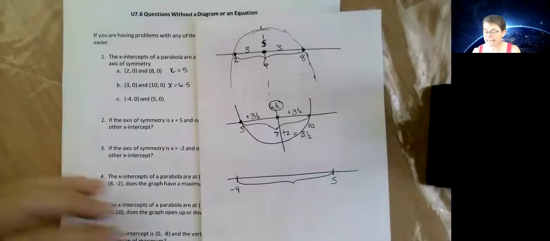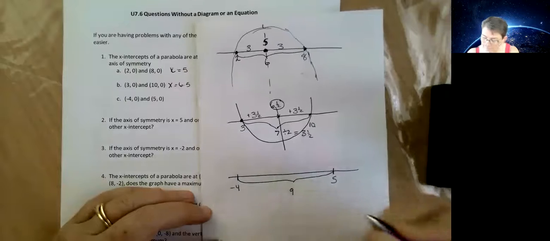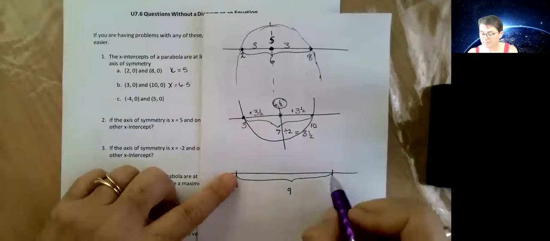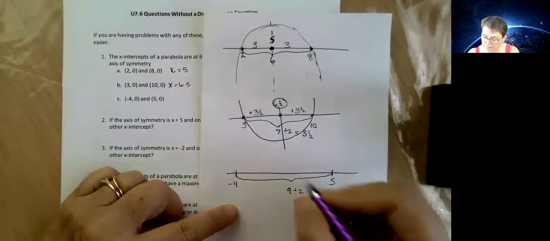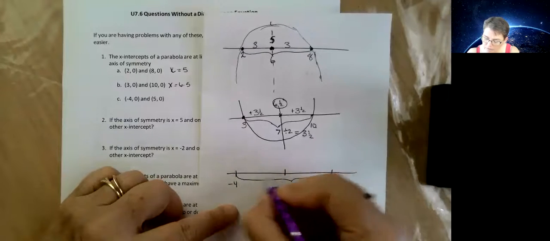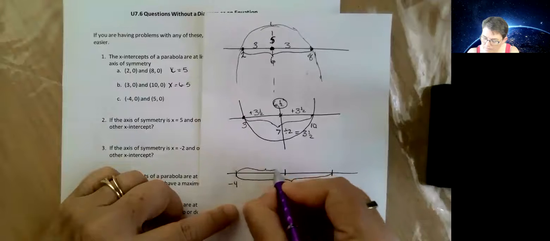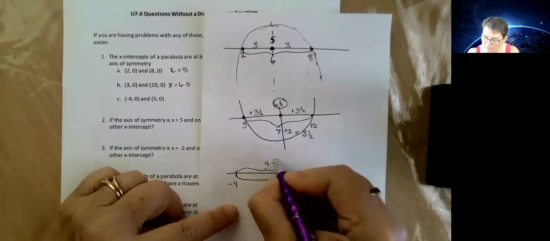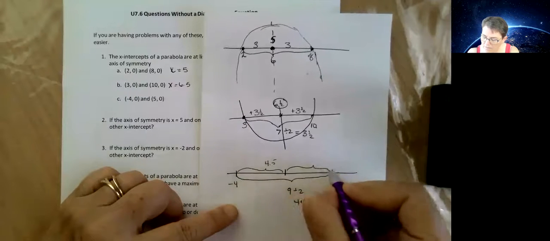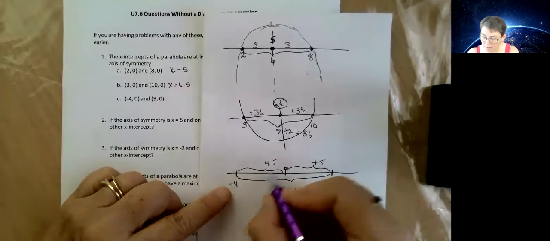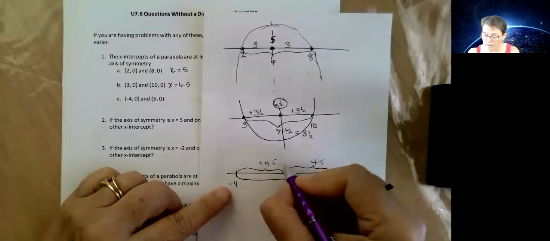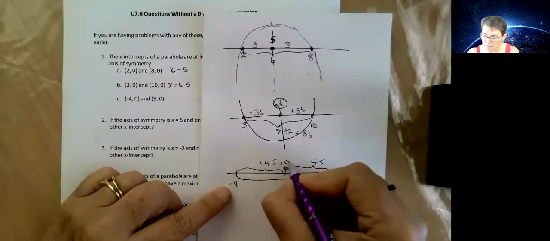I hope you said 9. So that's the distance between them. We divide that by 2, we get 4.5. So from here to here is 4.5, here to here, 4.5. That means this point, -4, plus 4.5 is 0.5.